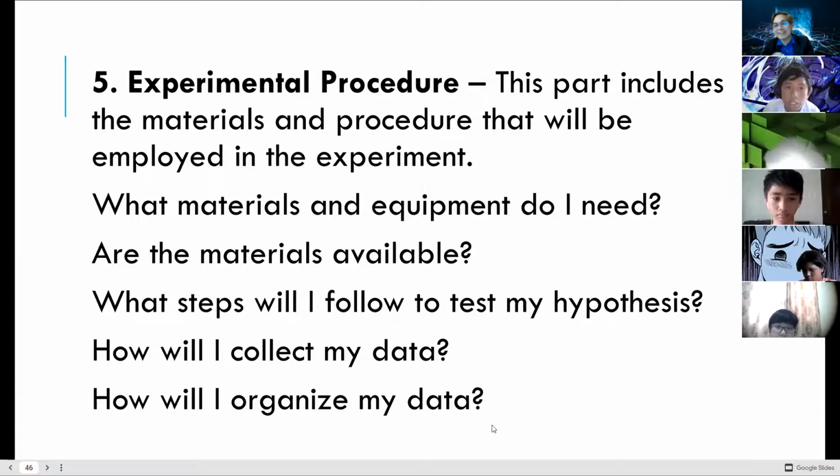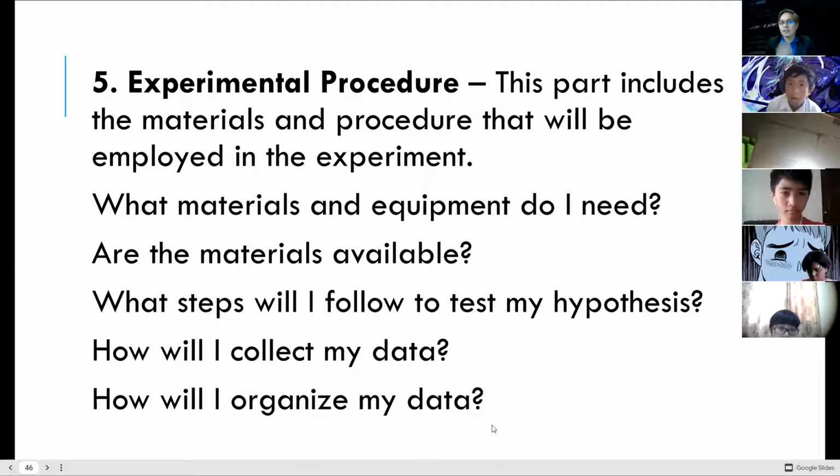If it is quantitative data, through tools. Okay, measuring tools and all of those. Those are quantitative data. How about qualitative data? Qualitative data is gathered through the senses. Okay, all your senses. So that is under qualitative data.